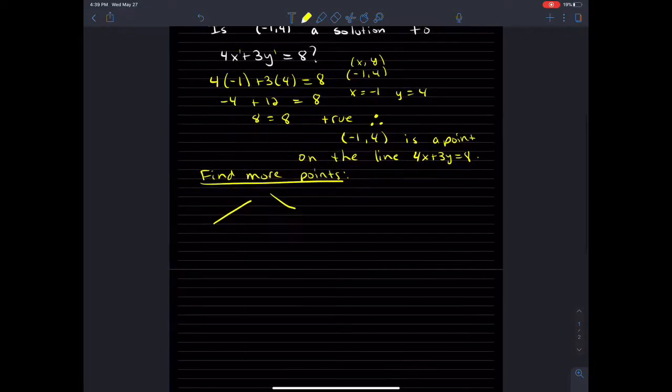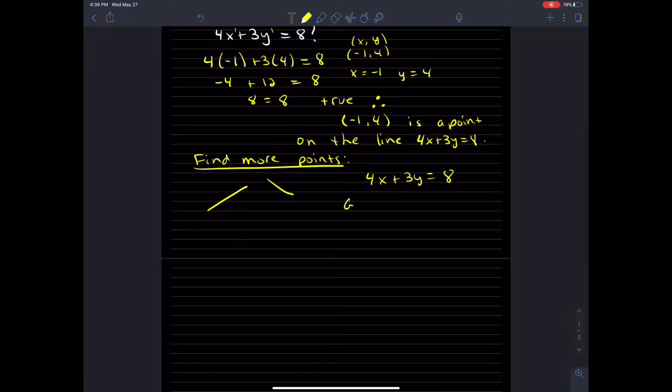To find more points on this particular line, we can guess x is equal to 0, for example, and find the corresponding y coordinate. X is 0, and what would y be?